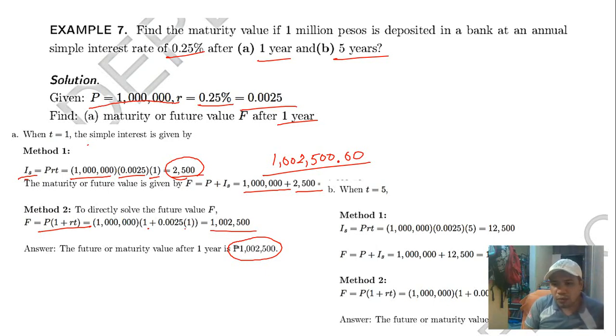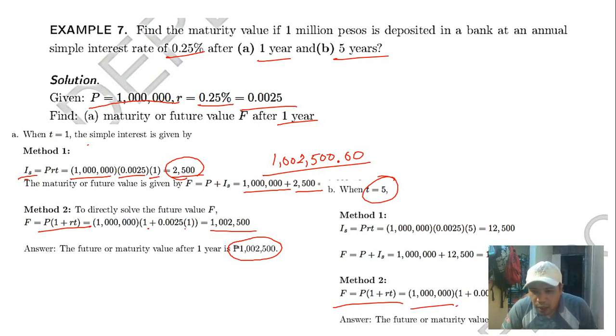Now, when T is 5, we just use P times 1 plus RT. So, 1 million times 1 plus 0.0025 times 5. The difference is this, the T. And that gives us 1,012,500 for 5 years.